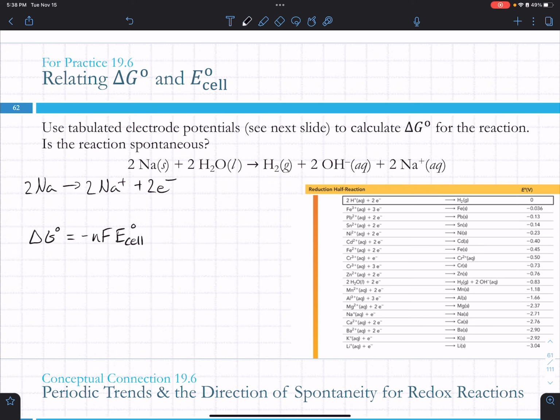And then the other one can be a little bit harder to see. But remember, H plus OH minus is H2O. So kind of hidden in here is the fact that there are 2 hydrogens from the water that are being reduced to make the hydrogen on the other side.